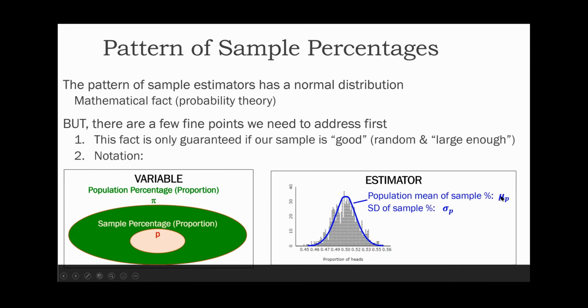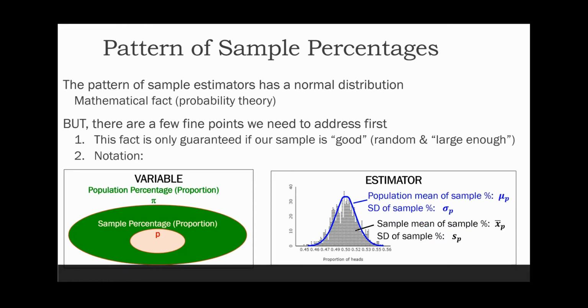So there's a mean, the population mean of all the sample percentages. You want to remember that the thing that looks like a U is actually the Greek letter for M. It's mu, mu sub p. This is the population average of all the sample percentages, p. And there's also a standard deviation, sigma sub p, the population standard deviation of the sample percentages.